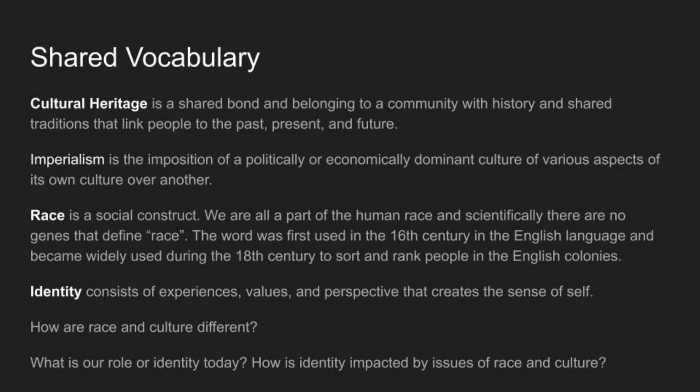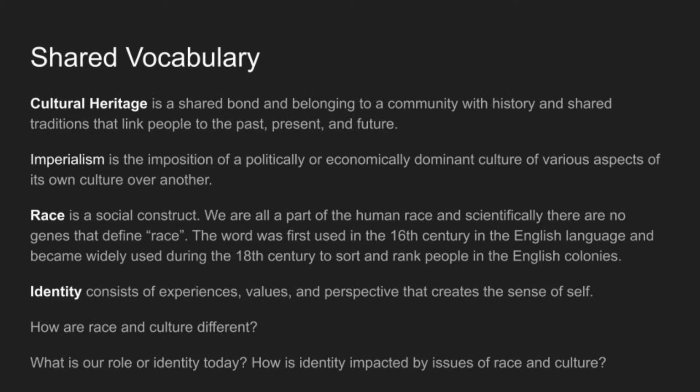But now we know that we are truly all part of the human race, and scientifically, there are no genes that define quote unquote race. The word was first used in the 16th century in the English language and became widely used during the 18th century to sort and rank people in the English colonies. So that's the true history of the word race.